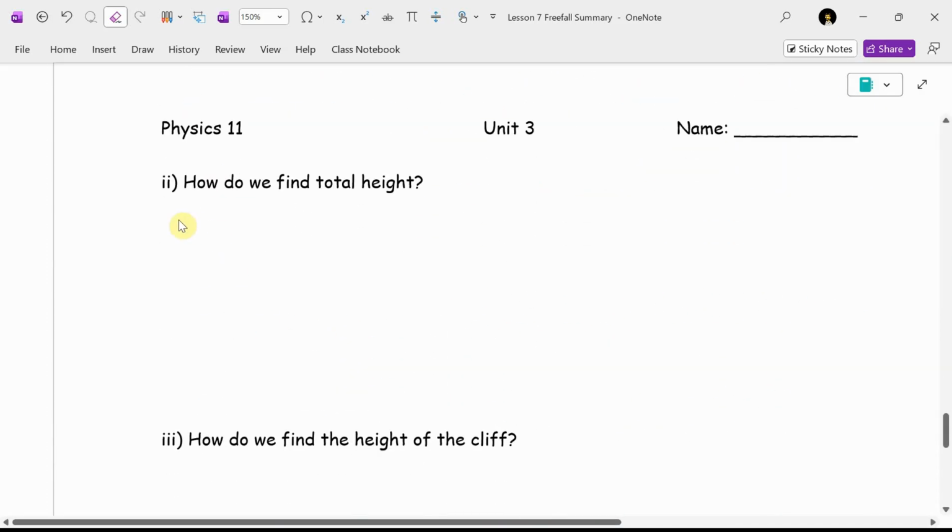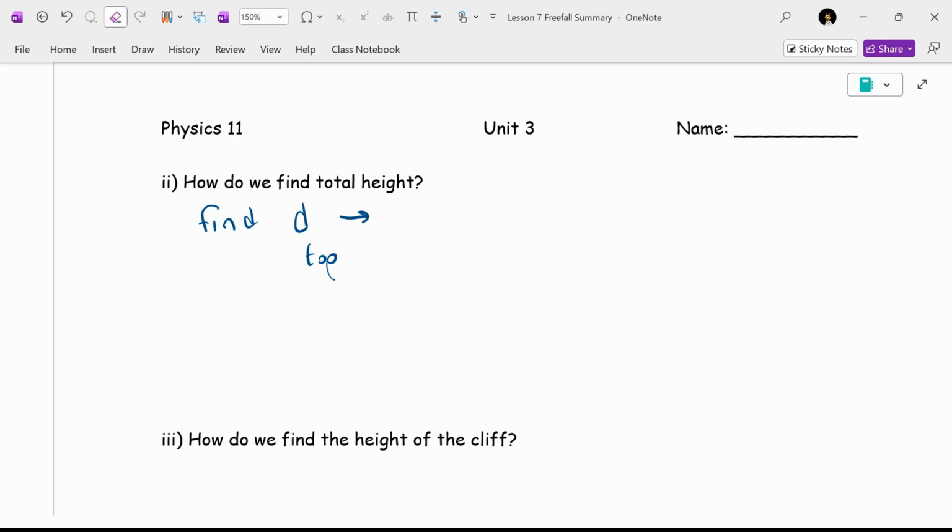How would I find d to the top? At the top, I know VF equals 0, A equals negative 9.8, VI equals, what did you say it was, 25? I'm going from memory. Let me know if I'm wrong.